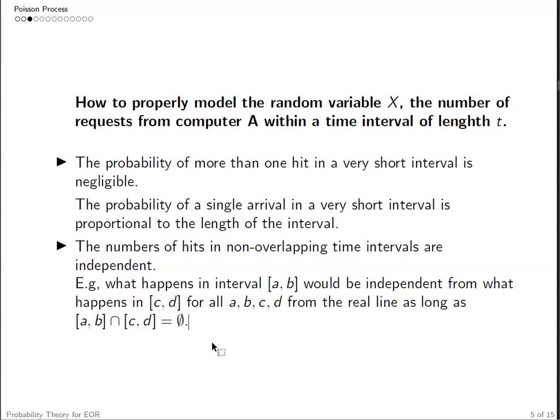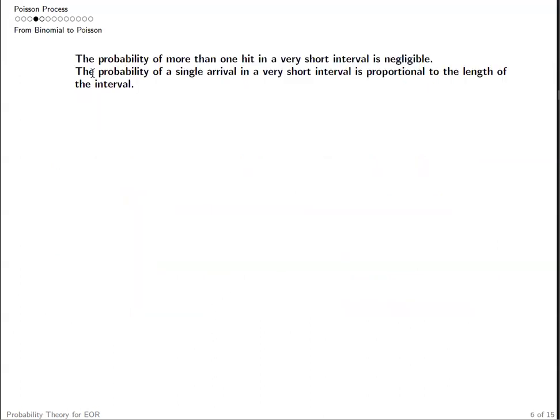Now, how do we translate those assumptions into formal statistical or probability language? Let's consider first the two assumptions we want to work on. First, the probability of more than one hit in a very short interval is negligible.